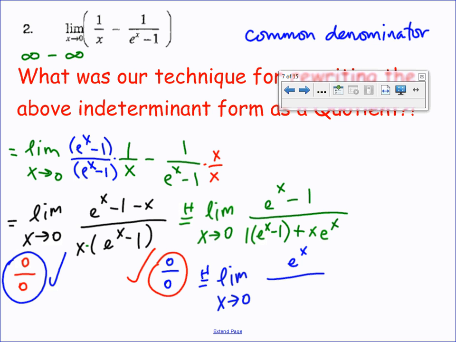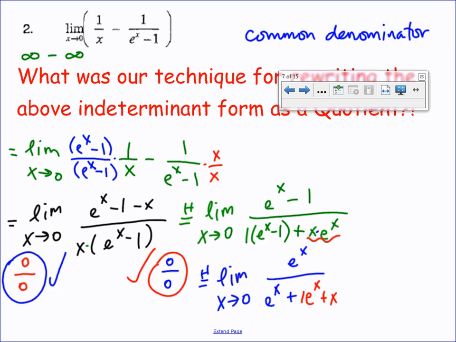The derivative of quantity e to the x minus 1 is e to the x. However, in the second quantity, x times e to the x, I do have to use the product rule. Product, x times e to the x. The derivative of the product of two functions is the derivative of the first times the second plus the first times the derivative of the second.